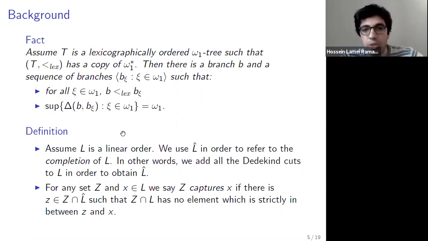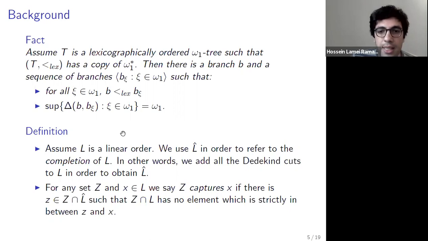Now we are starting to work on the machinery that Issac and Moore made several years ago. Assume L is a linear order. We use the notation L hat to refer to the completion of L. By the completion of L, we just mean: consider L and add all the detecting cuts of L to it, and you obtain L hat.